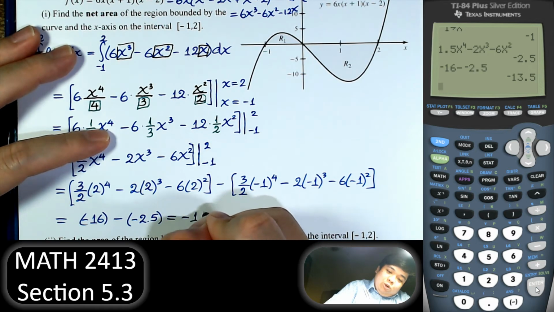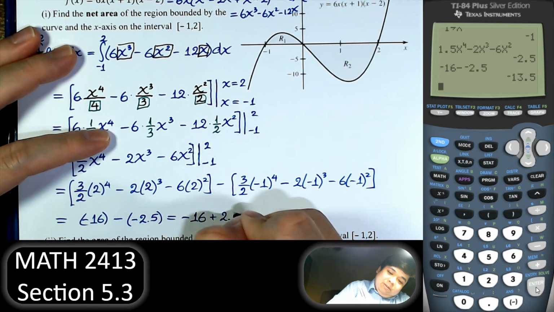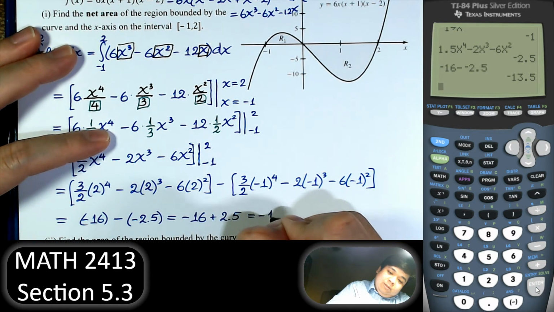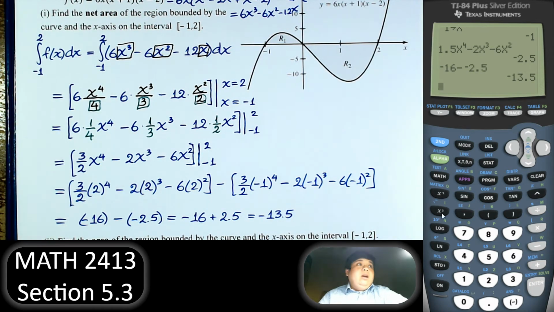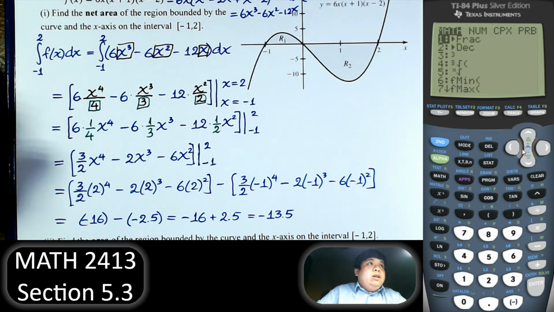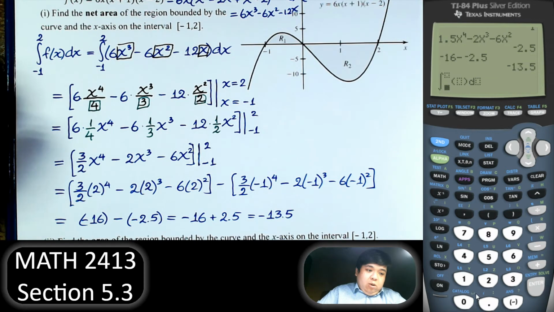Or we should do it by hand now. Just make sure that is correct, I would check by using the calculator. That goes from -1 to 2.